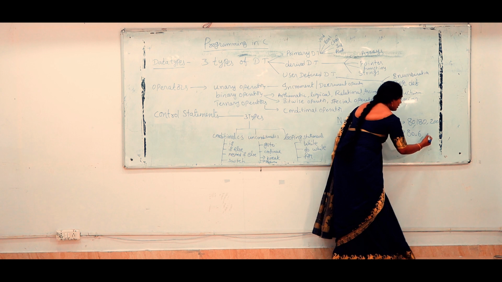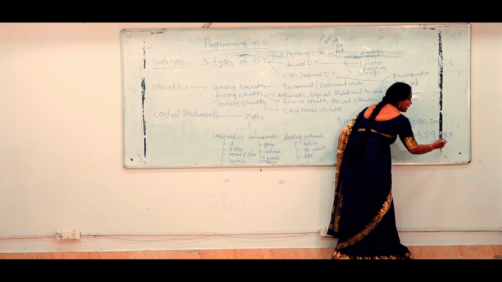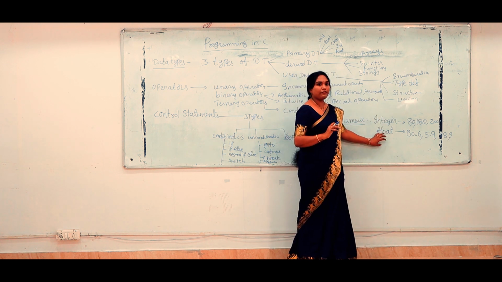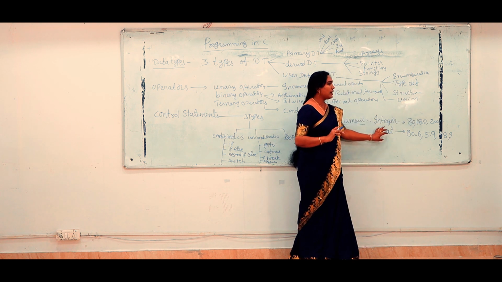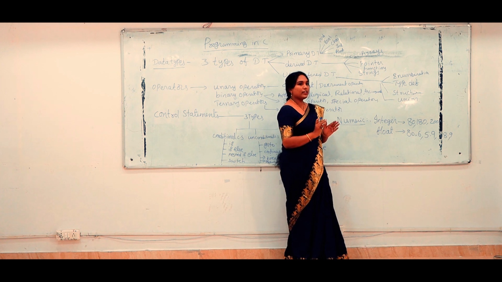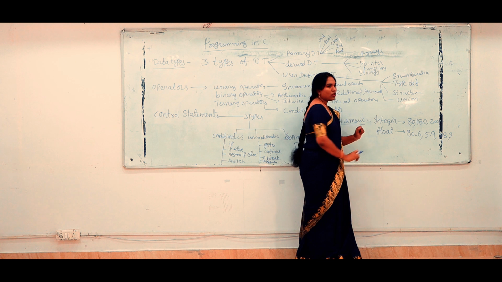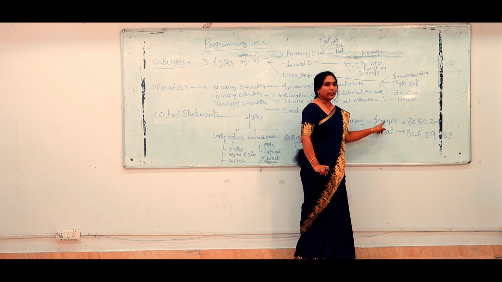And 5.9, 8.9, like this. I hope you got what the integer is and what the float is. The integer is the whole number, and the float is the decimal value. Here, first we have to know whether an integer can allow float values or not. The integer cannot allow float values.